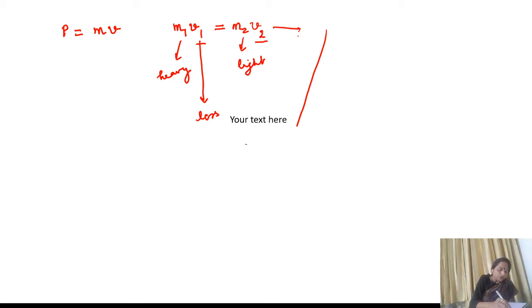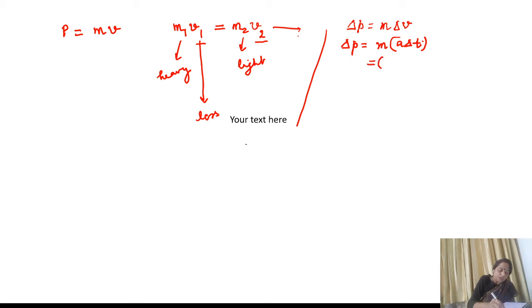I am writing change in momentum, that means delta P. Mass will remain the same and there will be a change in velocity, so change in momentum is equal to m times the change in velocity, which is denoted by acceleration a in time delta t.